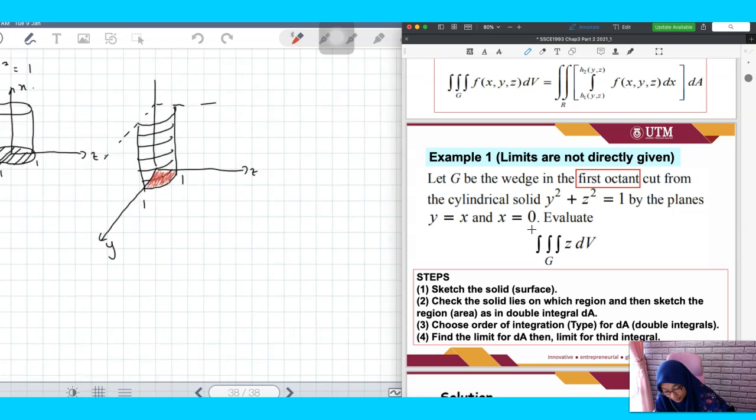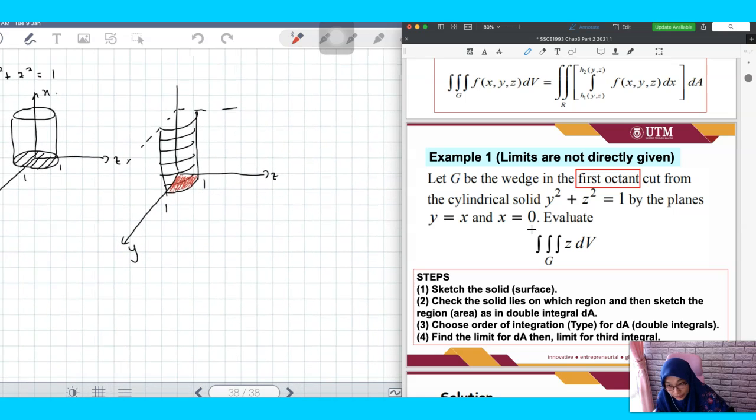Firstly, of course, we don't have any idea, so we have to sketch the plane y equal to x. When we do the trace on the xy plane, we have a line, but because we only focus on y positive, x positive, our line is just this one.